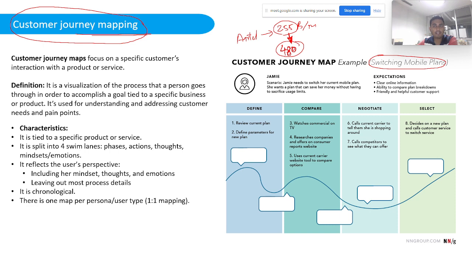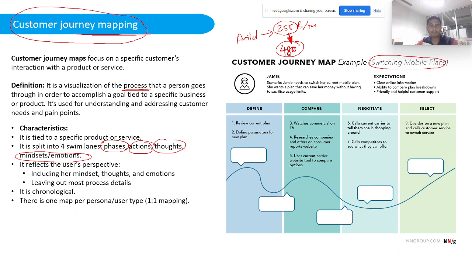Now if we take this particular task as an activity, in a journey map we try to define the particular process visually in terms of four lanes, basically. We define the information about a particular journey or process in terms of phases, actions, thoughts, mindset and emotions.